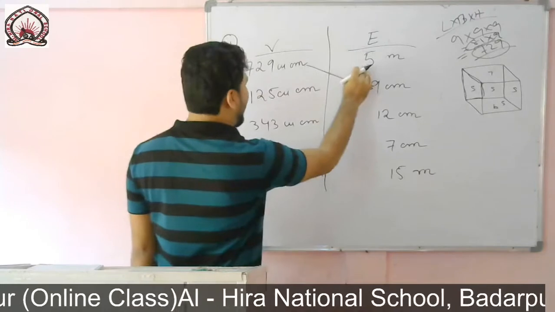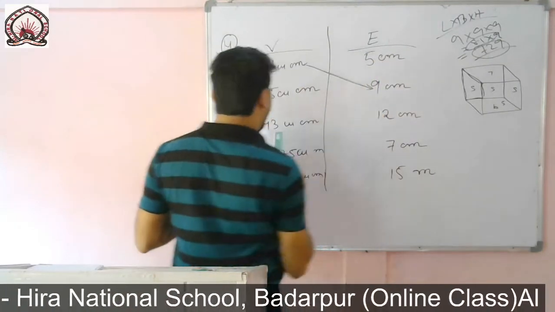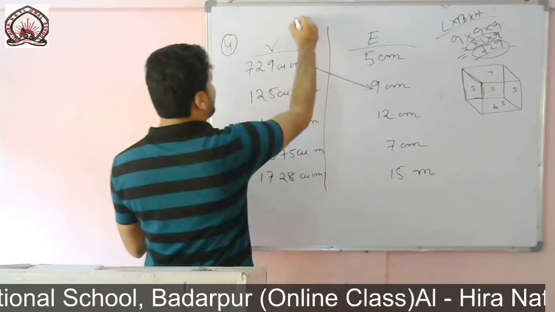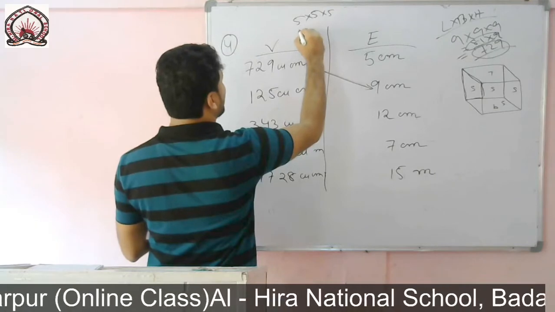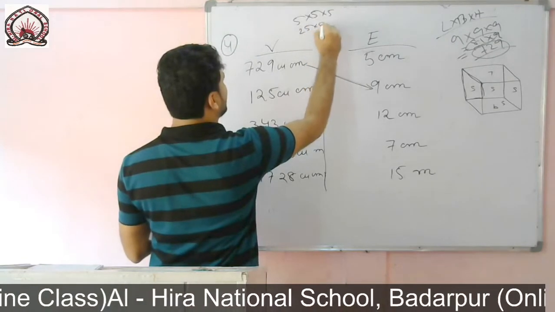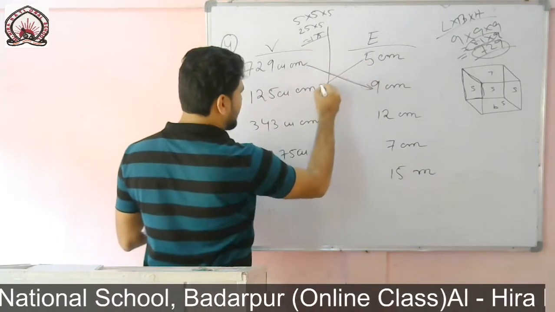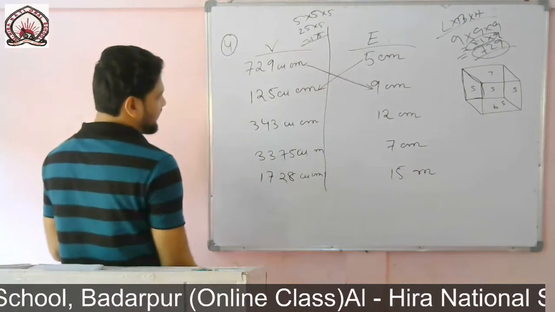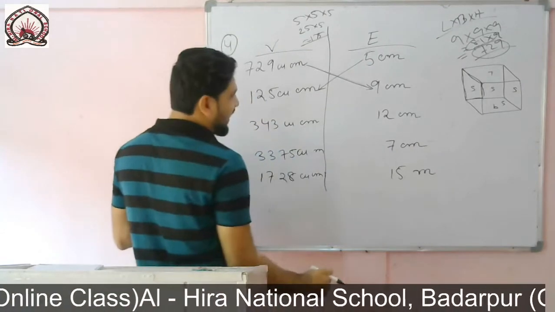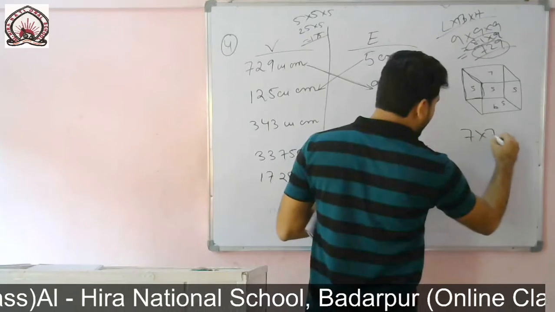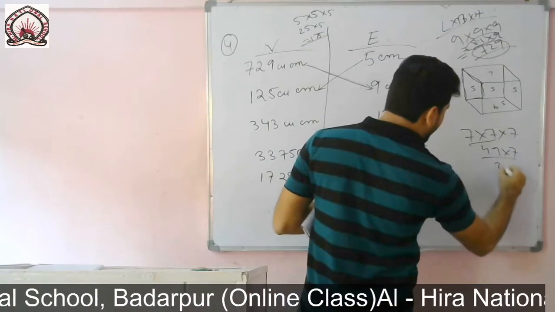125, that means what? 5, okay. 5 into 5 into 5, that means 5 5s are 25 into 5 equals 125, okay. So you can match this one. Then 343, 7, okay. 7 into 7 into 7, 7 into 7 is 49, into 7 is 343.